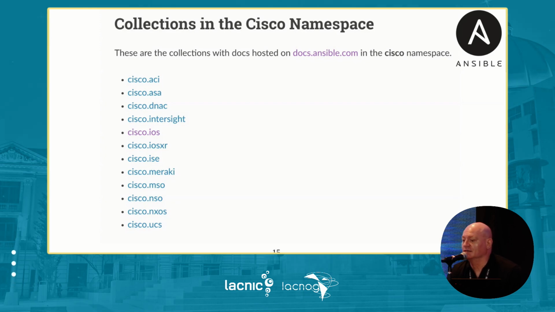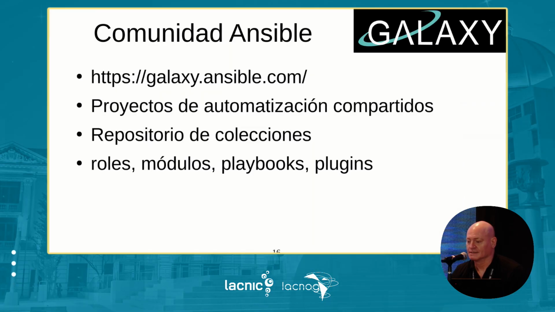Now, if I want to install on the firewall, you can see the second one is cisco.asa. So at the same time, the modules are created with the details or the development for the operating system of each equipment.